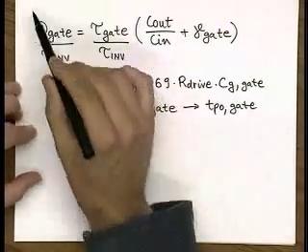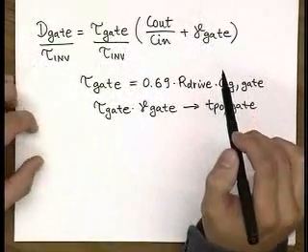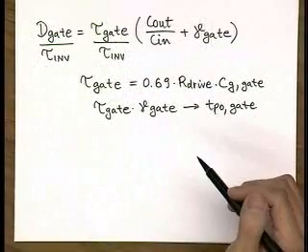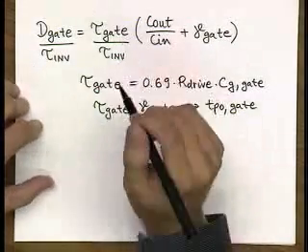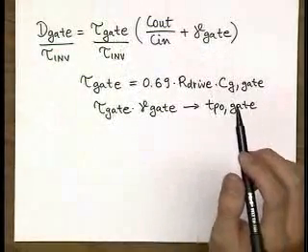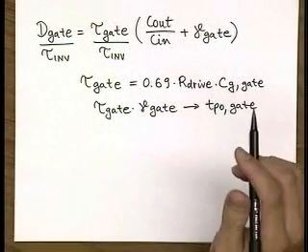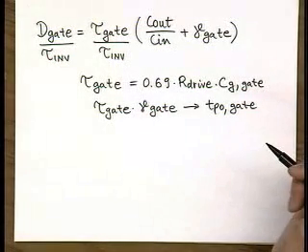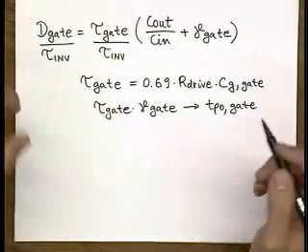Now we are going to take this expression and write it in a really compact form by introducing some new terms. First of all, the logical effort, the way we define it, is the ratio of input gate capacitance of a gate to the input gate capacitance of an inverter that will have the same drive current.